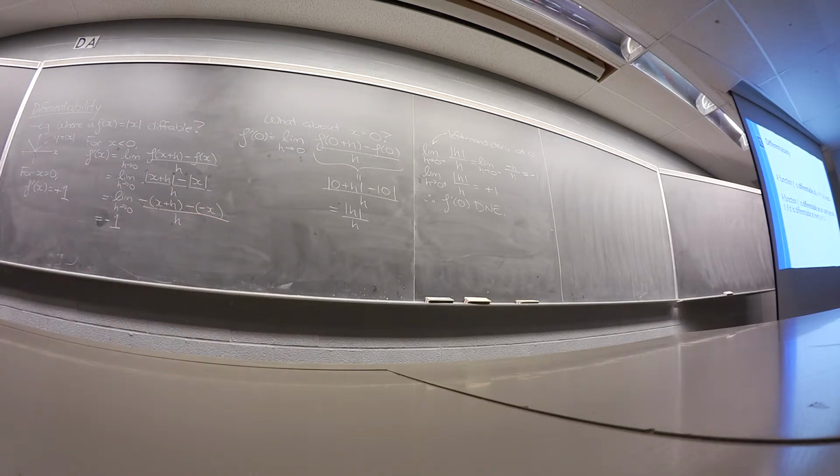Okay? Again, what does that second guy say? It says that if I look at the present value and the immediate future, that suggests a tangent with a slope of plus 1. So if I look at now and the past, or now and the future, they suggest different tangents, which is bad. You're not differentiable.